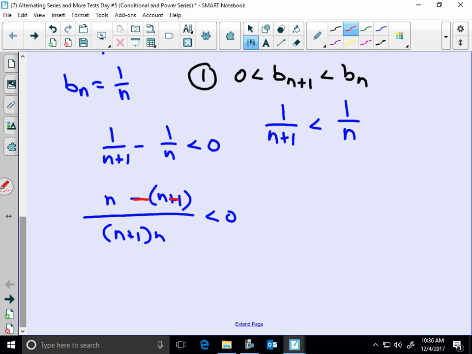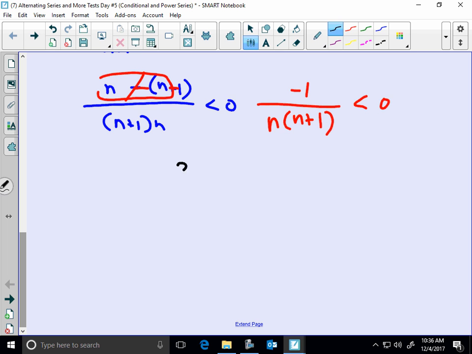What's n minus n? 0. That goes away, and then I get a -1. So I get -1 over n squared plus n, or n times the quantity n plus 1. That will always be less than 0, clearly, because the numerator is negative and the denominator will always be positive. Okay, so check. Part 1: b sub n plus 1 is less than b sub n, therefore b sub n is decreasing for all n values.